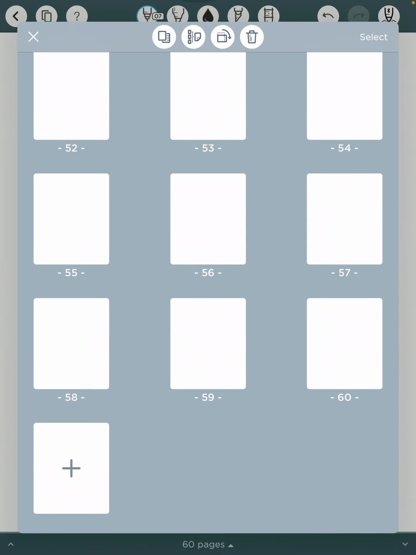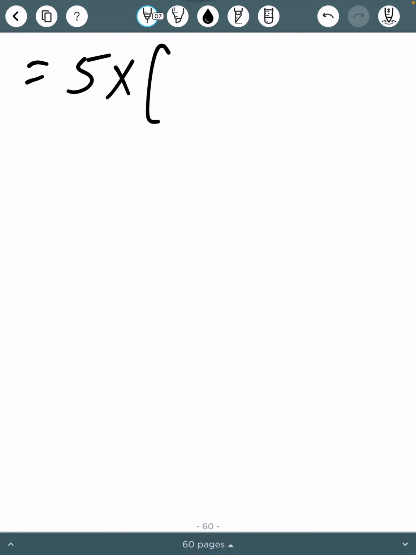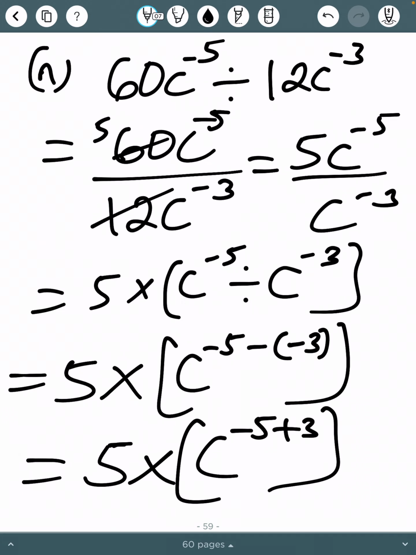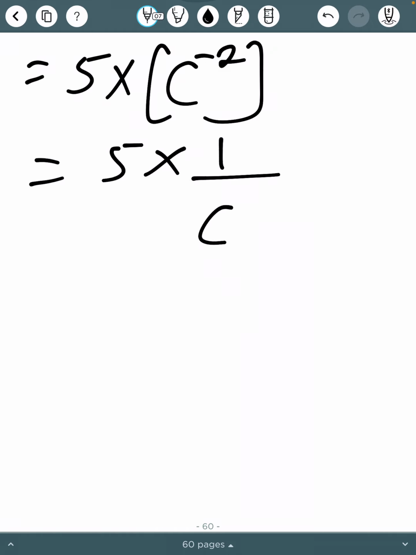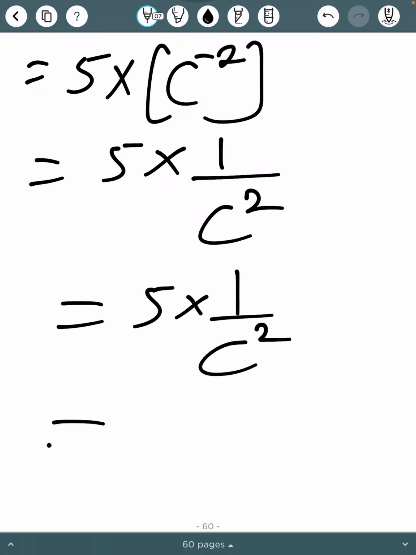Minus 5 plus 3 is minus 2. So this is 5 times 1 over c raised to power 2. C raised to power minus 2 is the same thing as 1 over c squared. So my final answer is 5 times 1 over c squared, or 5 over c squared.